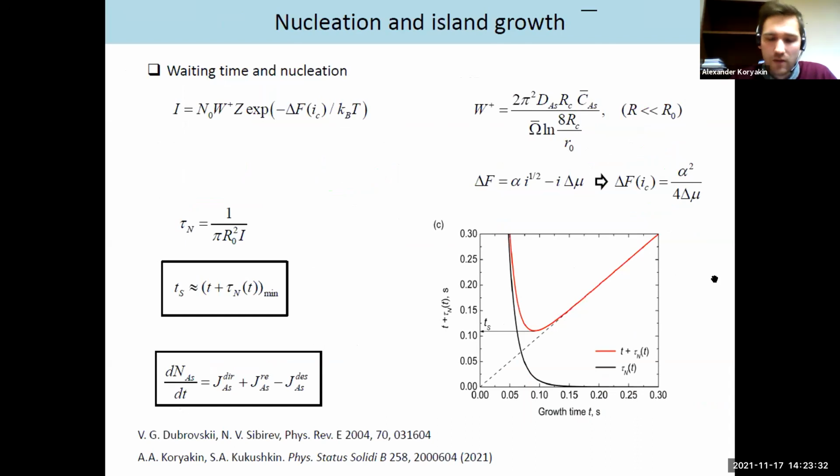The modeling of monolayer growth proceeds in our model via two stages. We first consider nucleation and waiting time, and then lateral island growth.